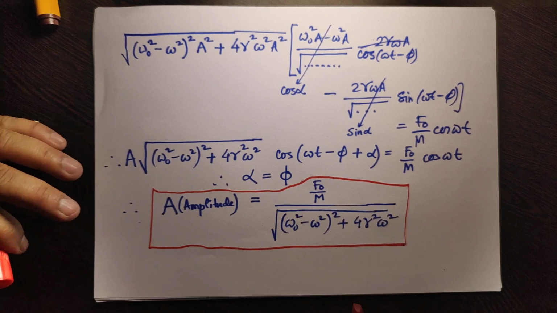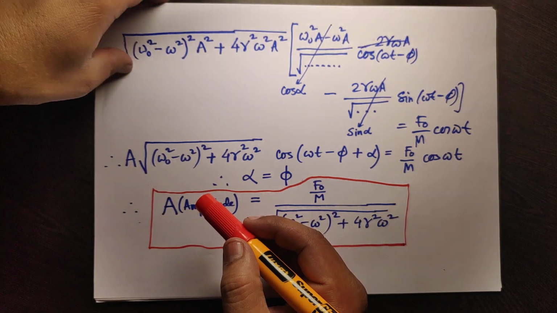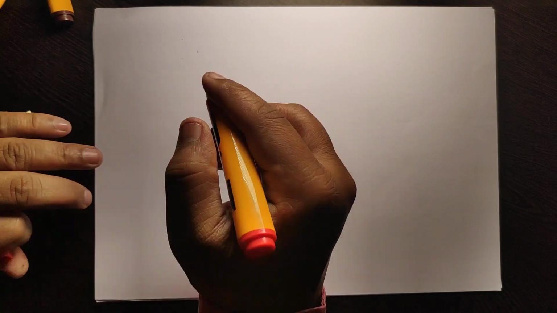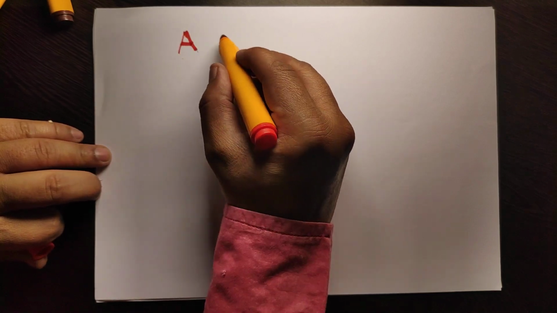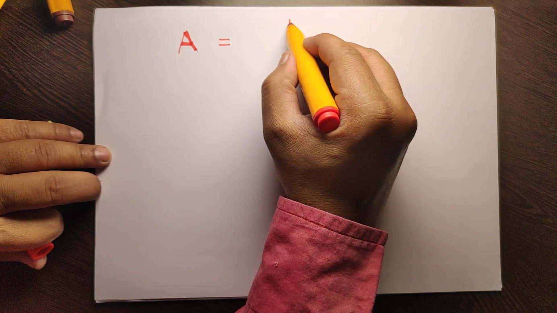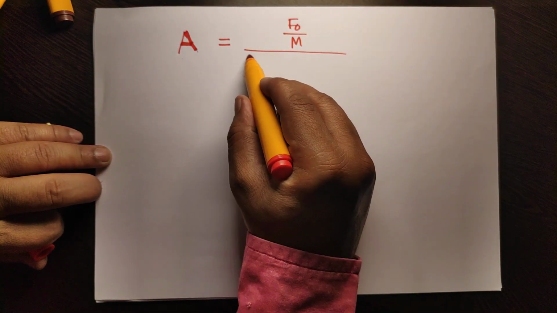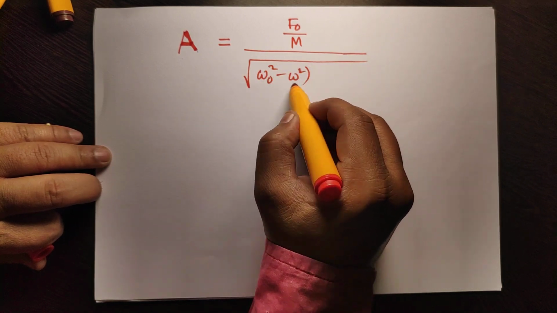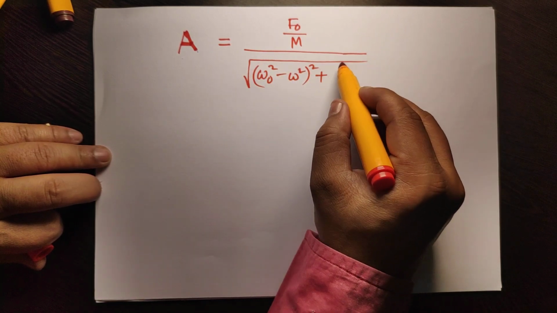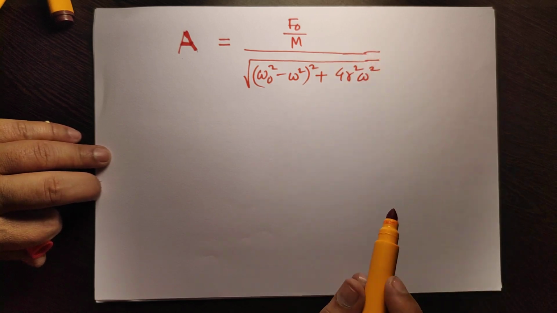Okay, now next page we will again write this formula and then see what are the consequences. So A equal to F naught by m divided by root over of omega naught square minus omega square whole square plus 4 gamma square omega square. Okay.